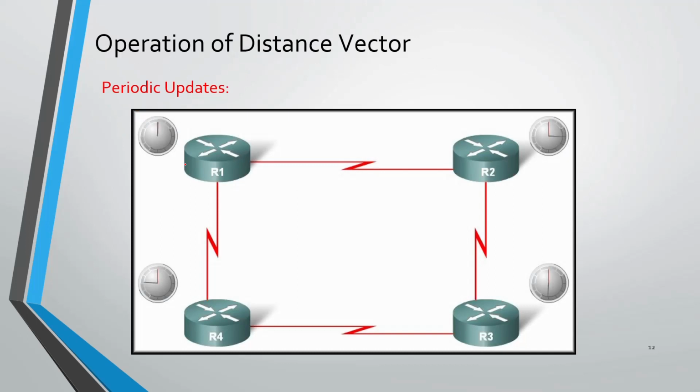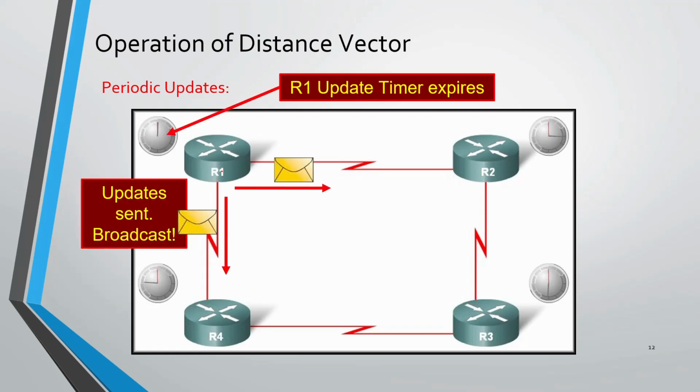So let's look into this topology. Suppose in this intra domain there are four routers connected with each other, and at the very beginning, each router first sends periodic updates to its directly connected neighbors. So R1 makes its routing table information.